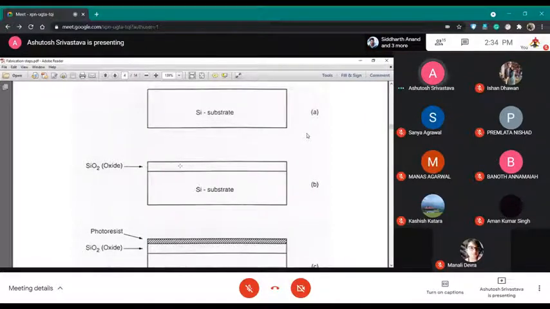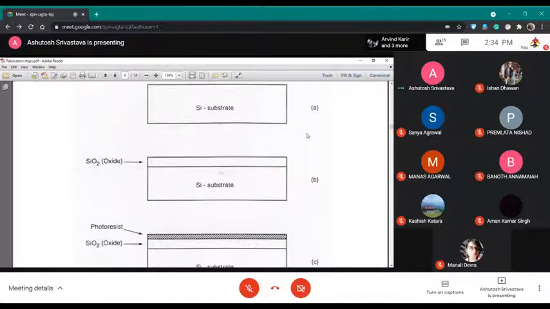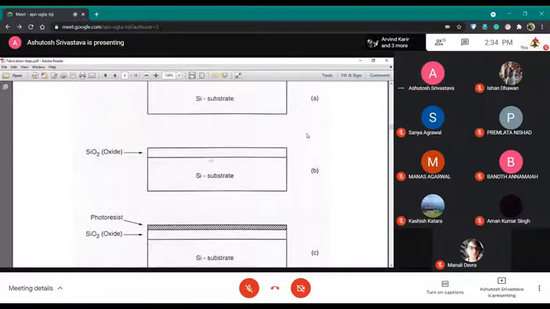So first, to make this gate oxide, you deposit a thin layer and then do the patterning.